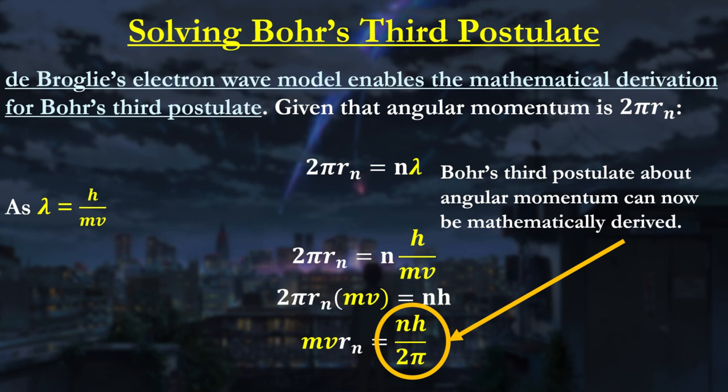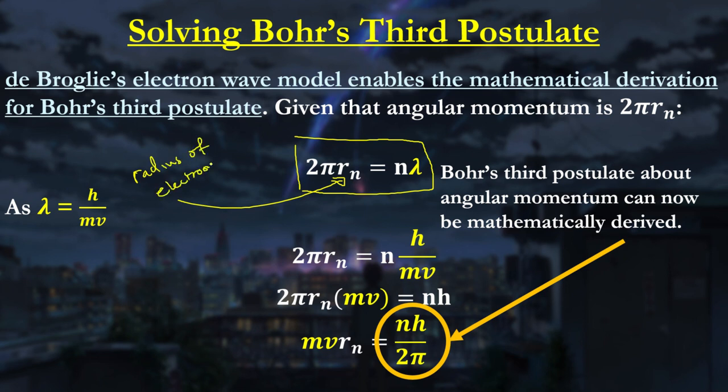Now what we do know is, if we go back to this equation up here, the angular momentum of any object is 2 pi r, so the radius r here being the radius of the electron's orbit, okay, and obviously n wavelength is the overall wavelength circumference you can think of.